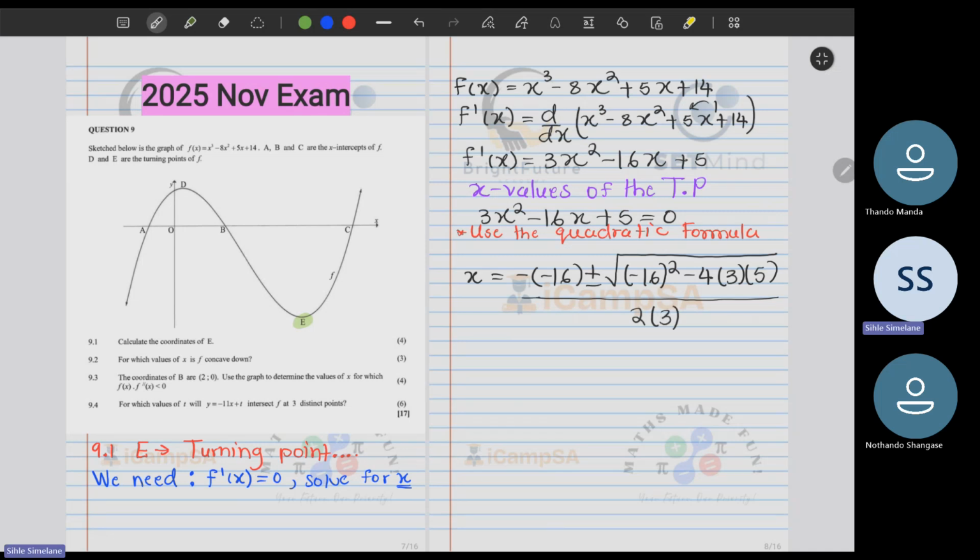So what do you guys get when you use your calculators for this one? So let me quickly put up mine. What are you guys getting?